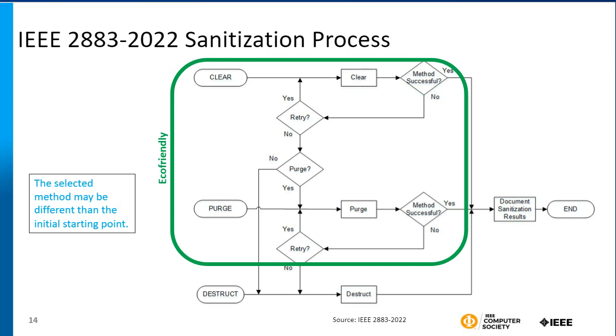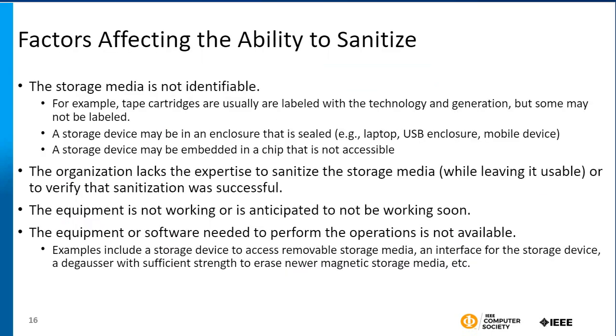But it's important to figure out where you want to enter this process, and once you're there, the IEEE 2883 standard will help you work your way through it. So I'm going to move on to some sanitization techniques and give you some ideas of how to deal with those.